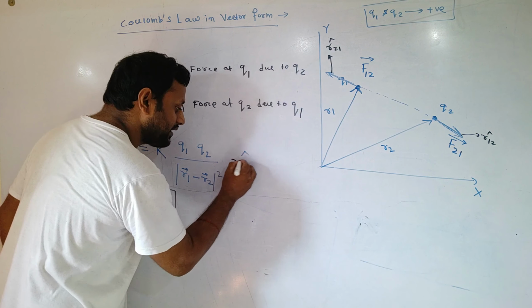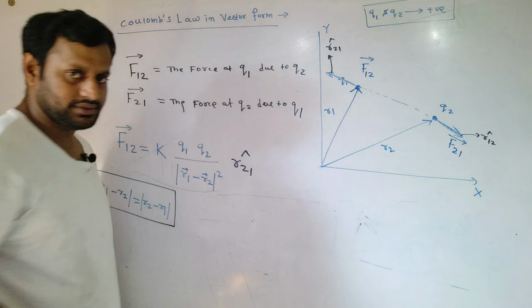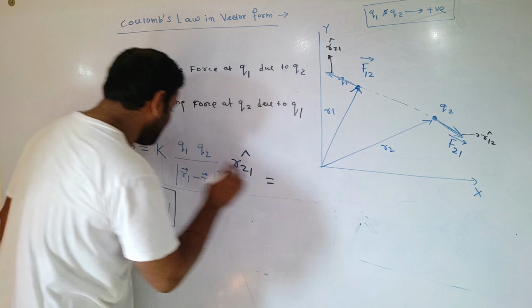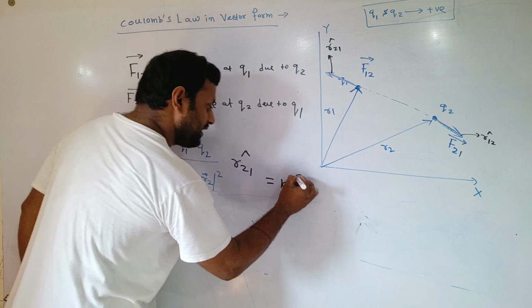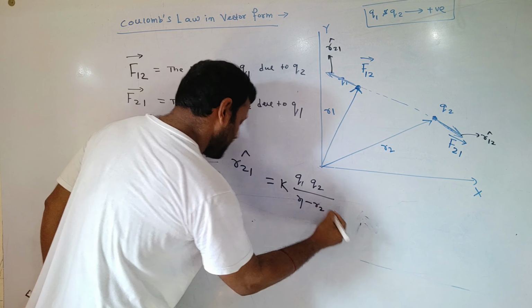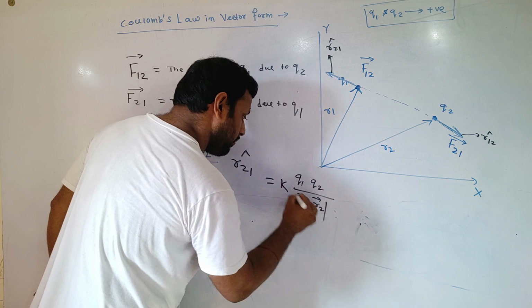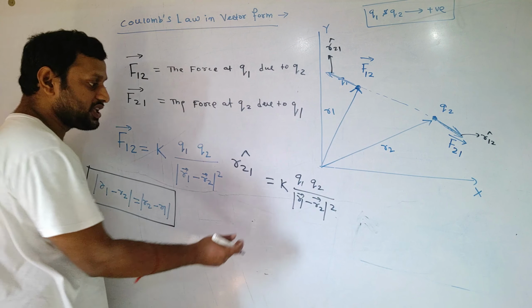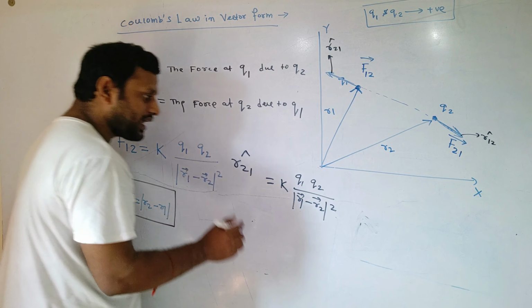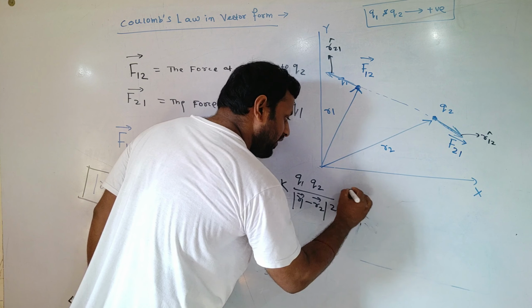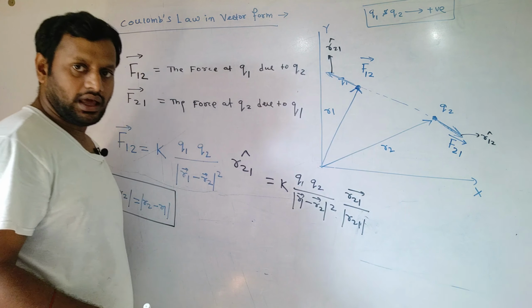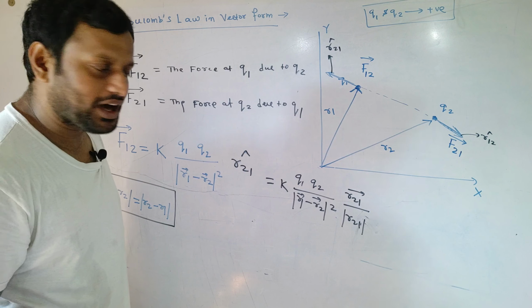Again, k q1 q2 divided by mod r1 minus r2 squared, into r21 cap, which is the r21 vector divided by the magnitude of the r21 vector.